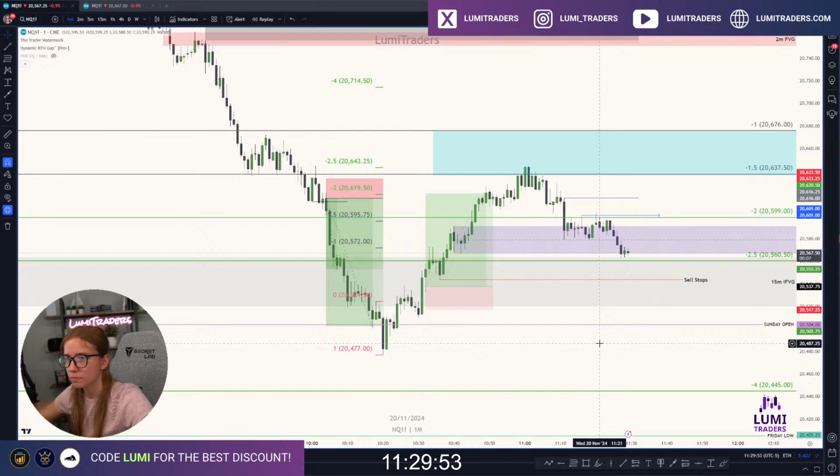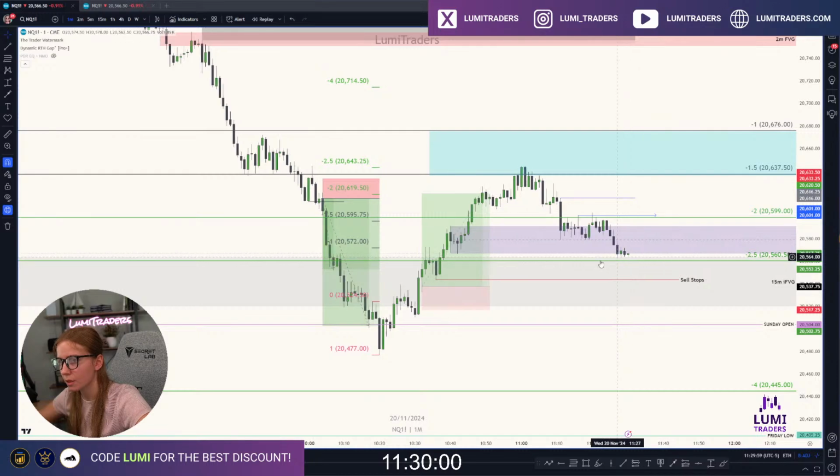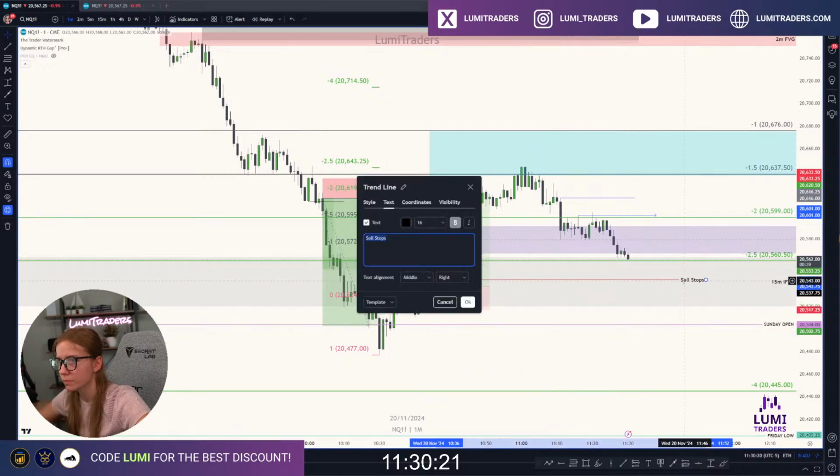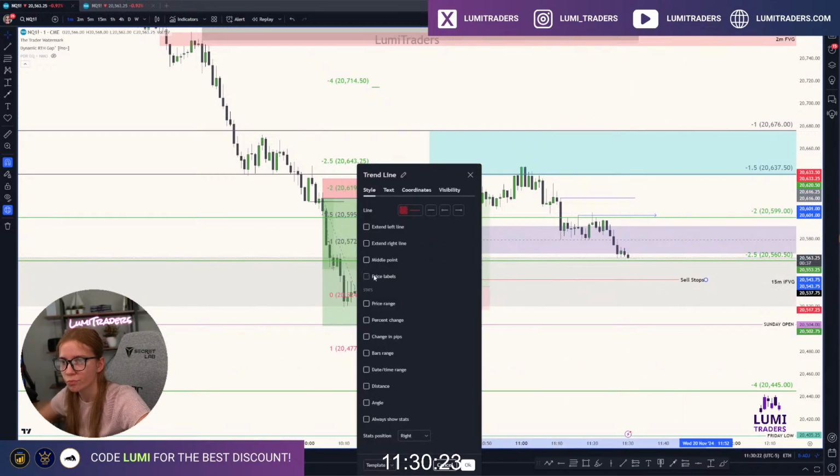Let's see if we run this. If we can run this level, this means we got absolutely classic market structure right here. Classic understanding of market structure. Price level.